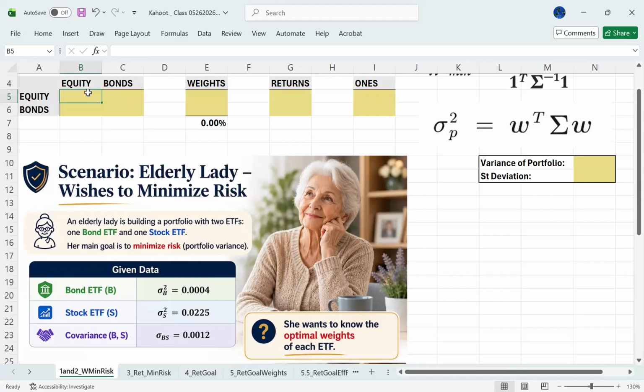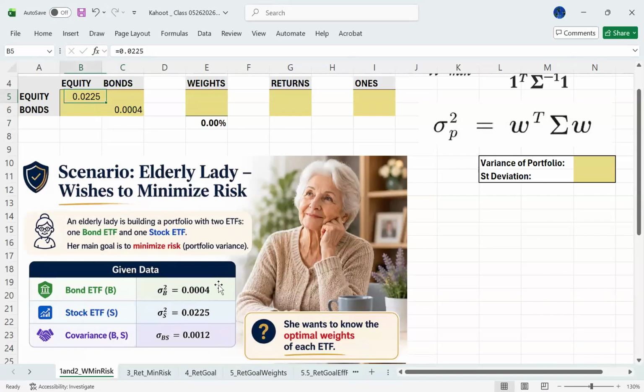The variance of equity is 0.0225. These values are completely random, so they are not representative of equity or bonds, they're just randomly generated. And then this is the variance of bonds, 0.0004.